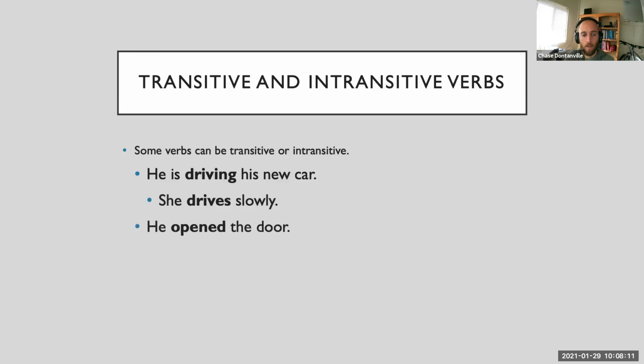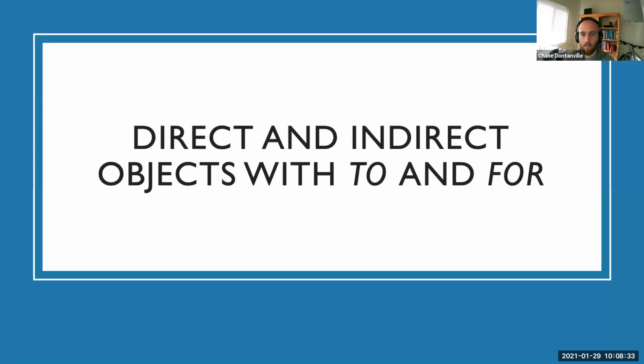Same with open. He opened the door. Transitive verb because the door tells us what he opened. Or the door opened, with no adverb or prepositional phrase. This is an intransitive example. But if you need more examples, look at page 374.